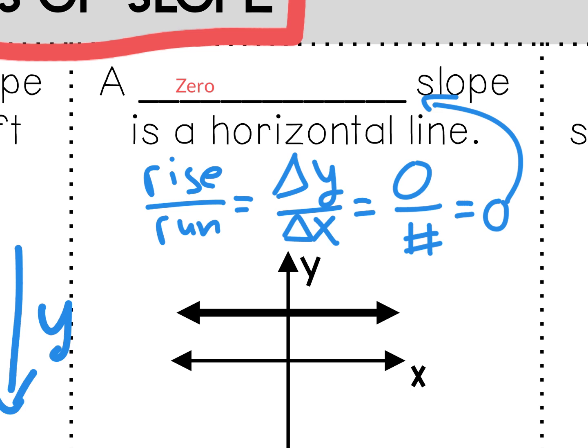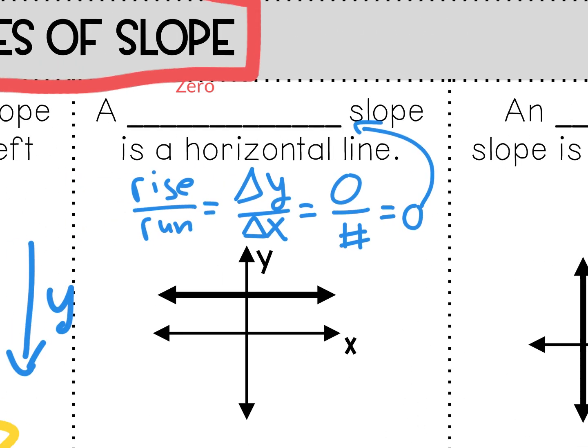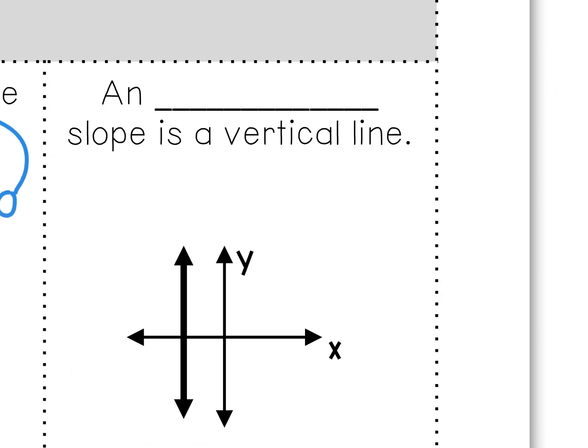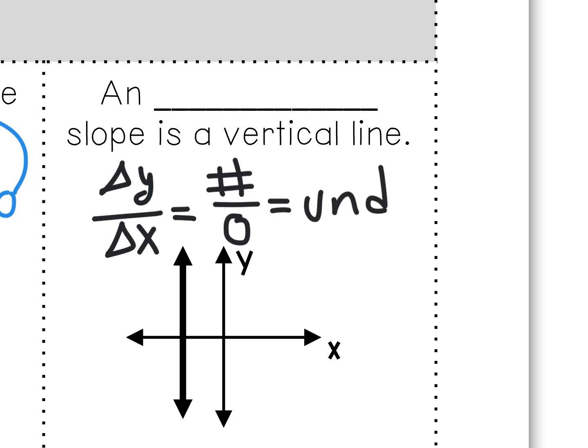So it goes back to the formula, how we defined it, change in y over change in x. Same thing with a vertical line, change in y over change in x equals, well, whatever number, doesn't matter, the change in y, but is there a change in x? No, so that would be 0. So what's any number divided by 0? Undefined. We don't know how to divide by 0.